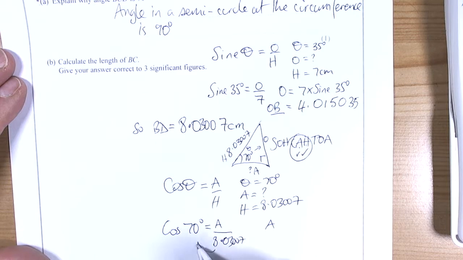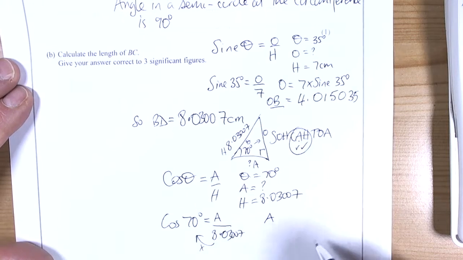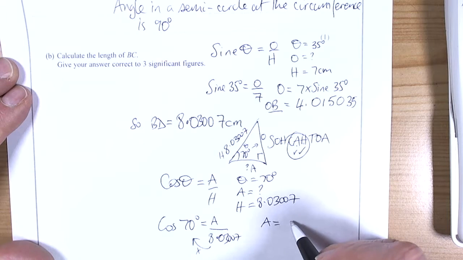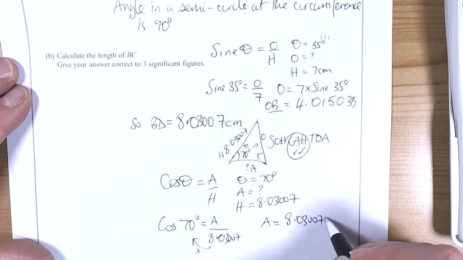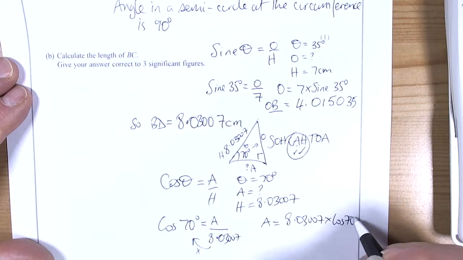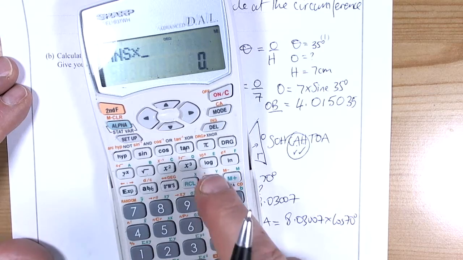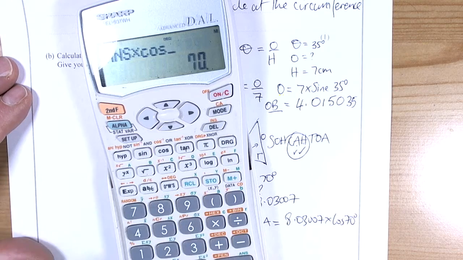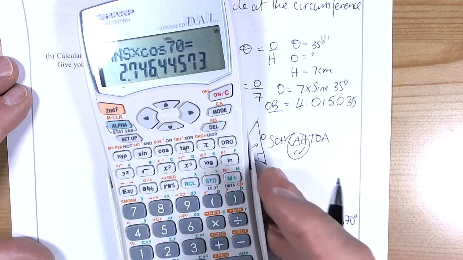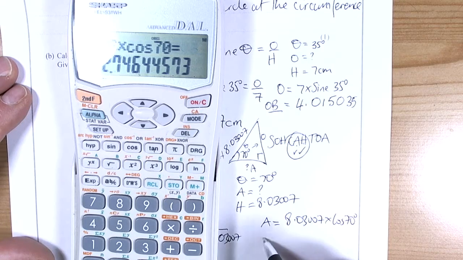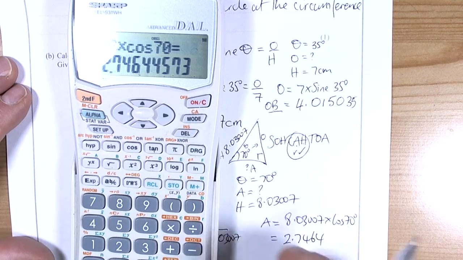Rearrange, so this comes across by multiplying. So the length of A is equal to 8.03007 times the cos of 70 degrees. In our calculator, we do times the cosine of 70 degrees equals 2.7464. But to three significant figures, we're going to write down 2.75 centimetres.